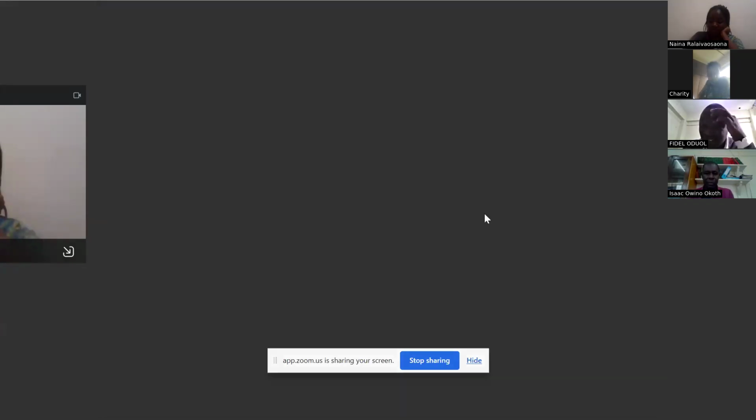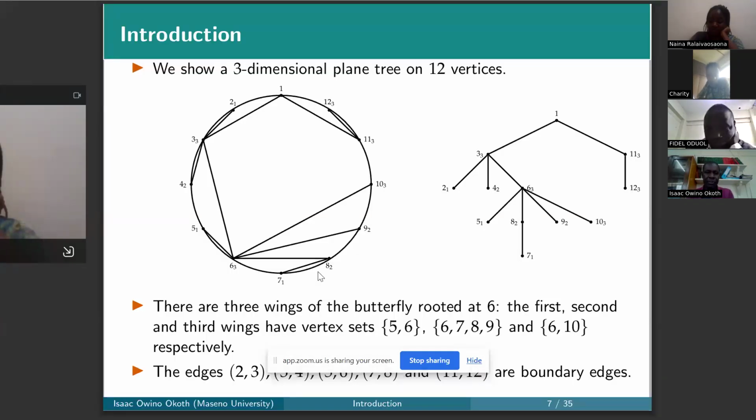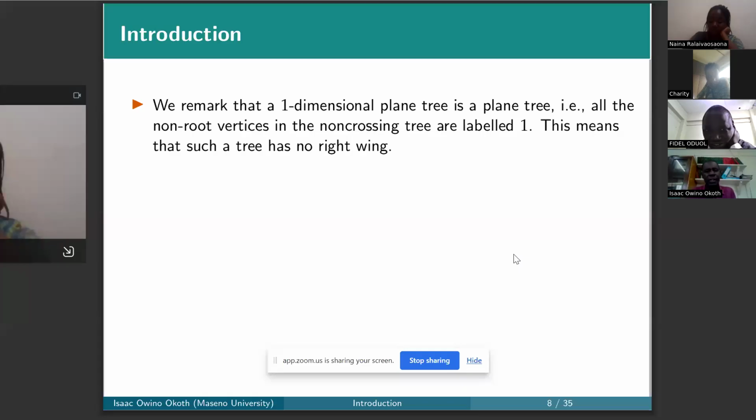And then we can also talk of the boundary edges. Like in this case, 12-11 is a boundary edge, 2-3 is a boundary edge, 3-4 is a boundary edge. So what does this mean? It means that a one-dimensional plane tree is just the ordinary plane tree, which you said are counted by the Catalan numbers.